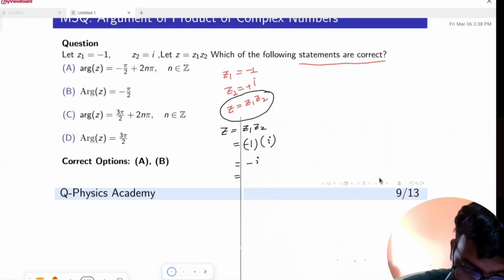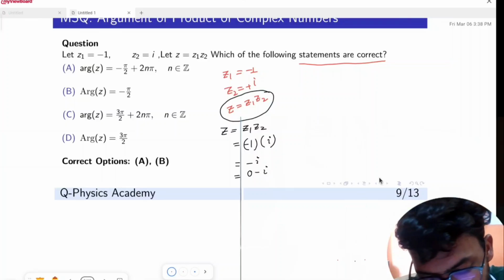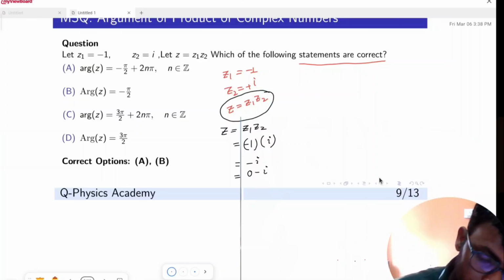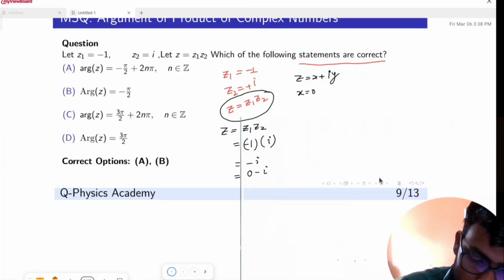It means 0 minus i. So the complex number is 0 minus i. We already know z equals x plus iy. Comparing these two, x equals 0 and y equals minus 1.